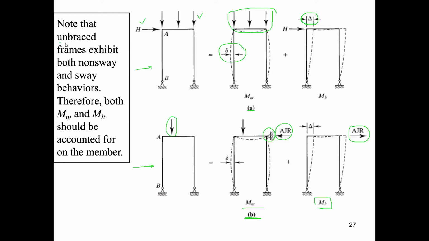In conclusion, unbraced frames exhibit both non-sway and sway behaviors. Therefore, both M_nt and M_lt should be accounted for on the member.